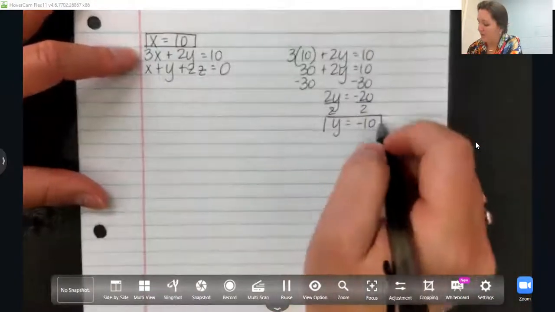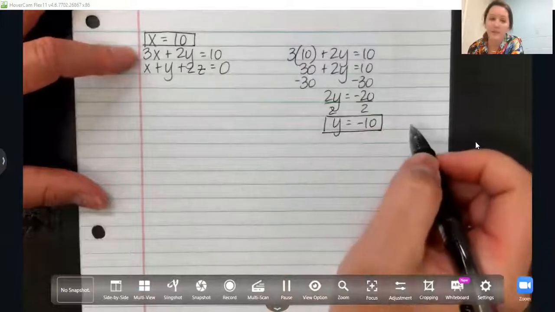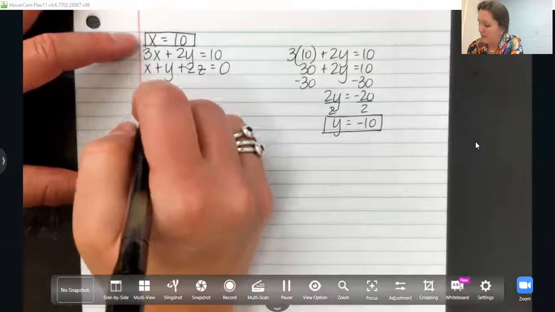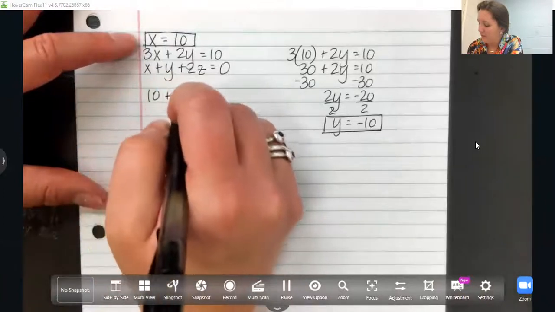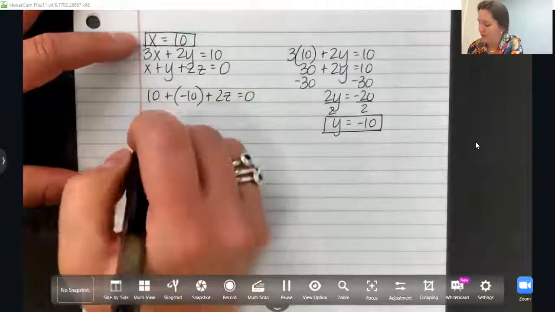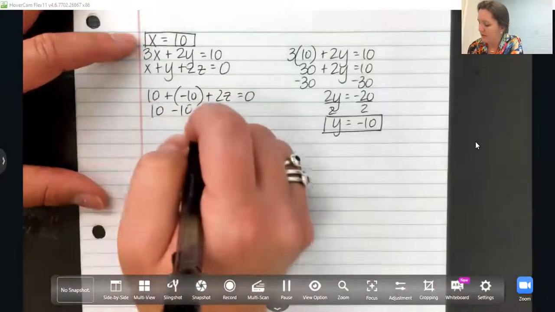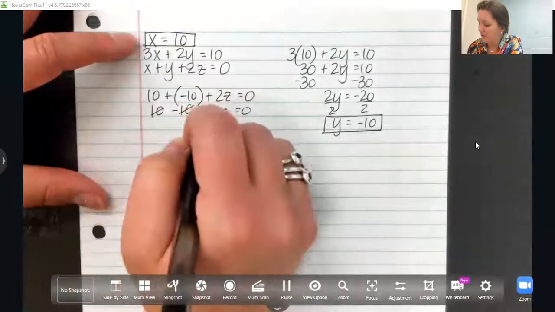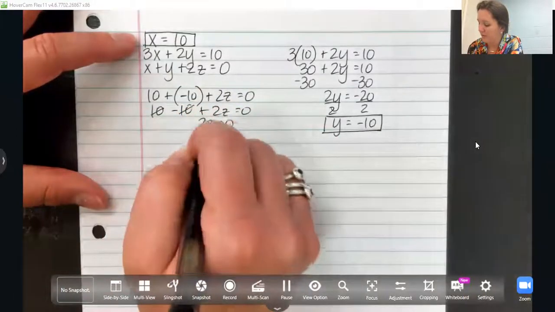Now we have two values, x and y. So we're going to use those to substitute for our third. So we have 10 plus -10 plus 2z equals 0. So let's see, we have 10 minus 10 plus 2z equals 0. Those cancel. We have 2z equals 0.